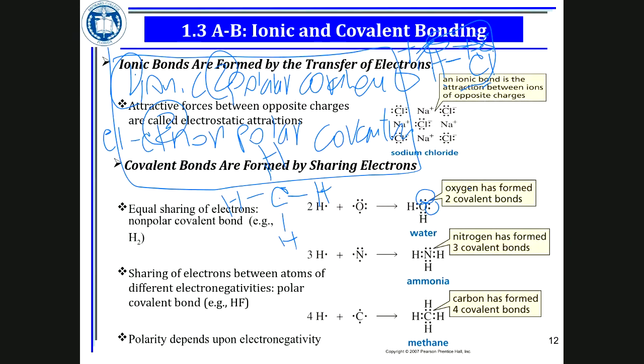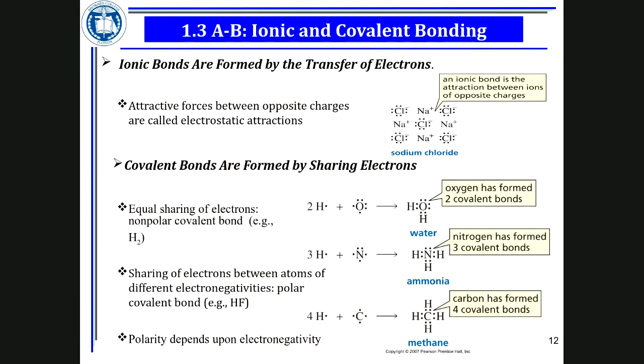So for example, when you have an alkyl halide, you have chlorine with 3 pairs of electrons, and you have the hydrogens, carbon with no pair of unshared electrons.